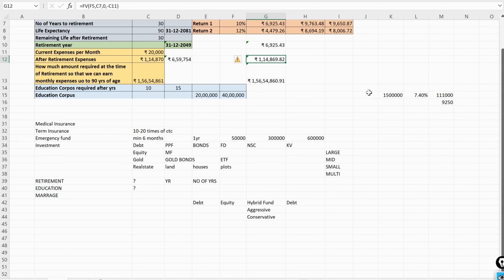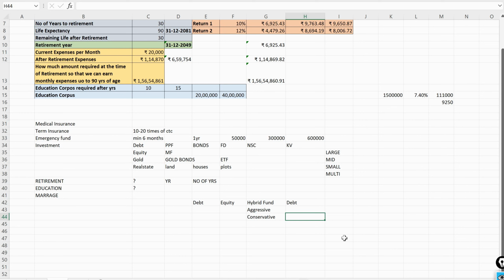Then I can go ahead with 15 lakh only in that government scheme, and the balance we can put in hybrid fund and debt fund. So in that case, suppose after the first 15 lakh is gone, the balance we can put 50% in debt and 50% in hybrid. From the 50% hybrid we can go ahead with 25% aggressive hybrid and 25% conservative hybrid.